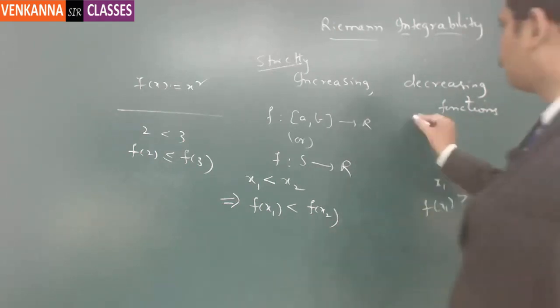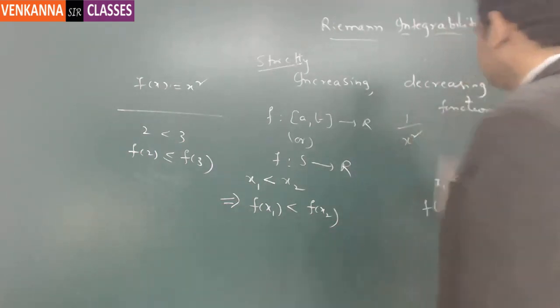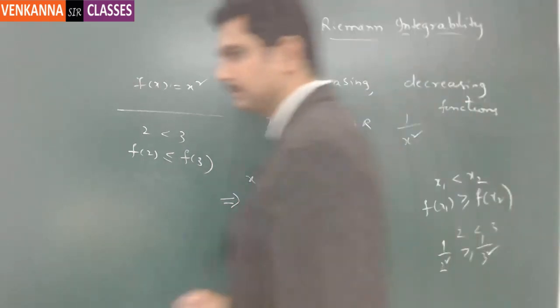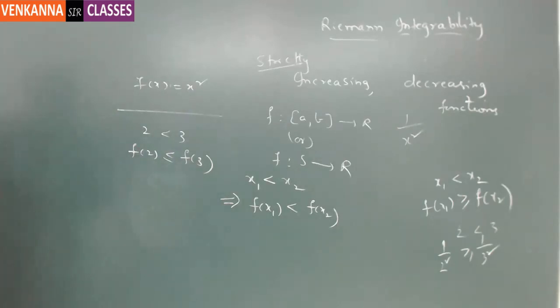You take the case of 1 by x square. Whenever 2 less than 3, 1 by 2 square is greater than or equal to 1 by 3 square. Agreed? I think this definition is known to you. Increasing and decreasing functions. Yes or no?